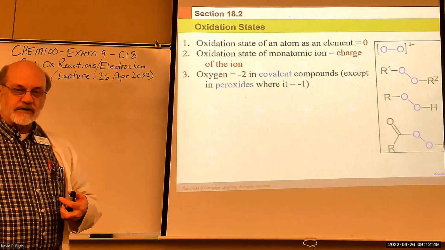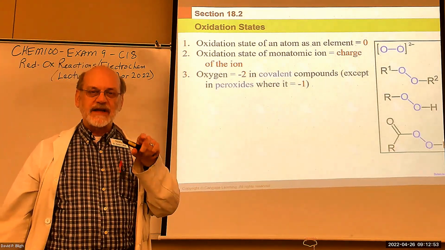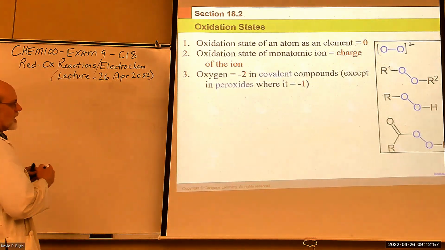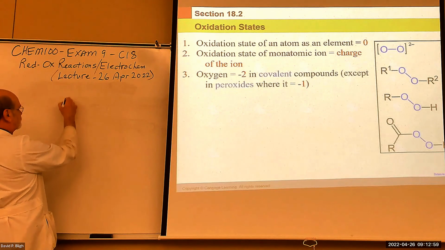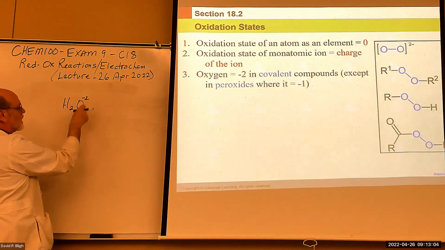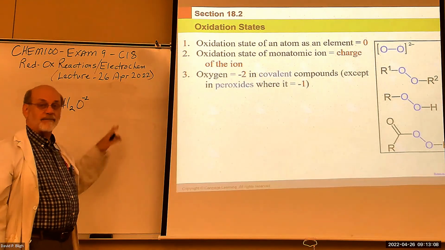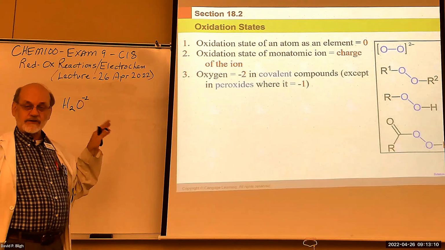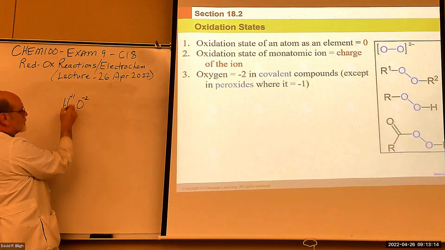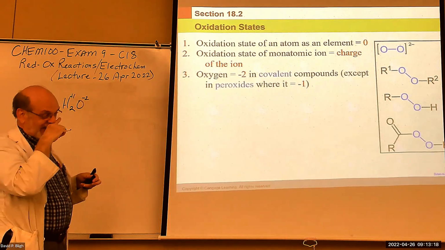Whenever you have oxygen in a compound, we treat it as a -2 oxidation state. For instance, water. This would be a -2 oxidation state for that oxygen. Okay? And since the whole compound is neutral, the hydrogen should be a +1. Because 2 times +1 is +2, balanced by -2.